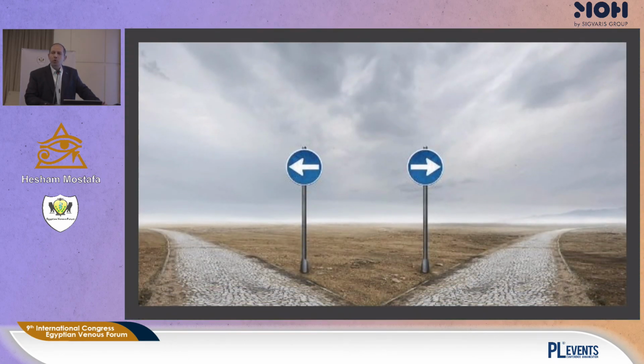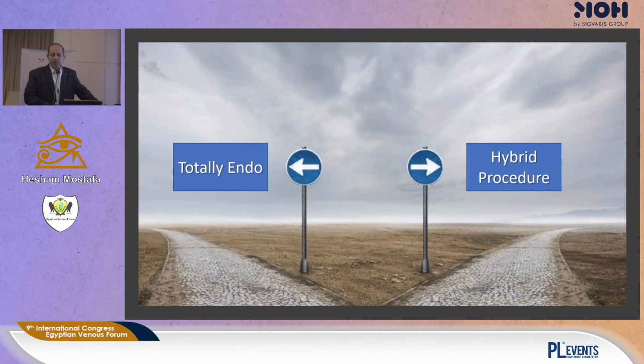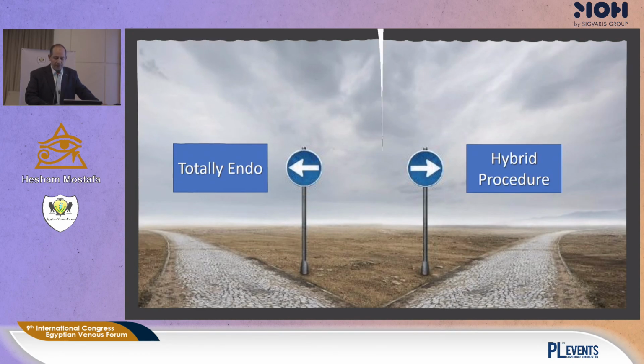Which way would you like to choose? When you do endovenous saphenous ablation, would you like to complete totally endo? Or would you like to combine Trendelenburg with endovenous saphenous ablation, I mean the hybrid procedure? This is a question for the floor to ask. Thank you very much.